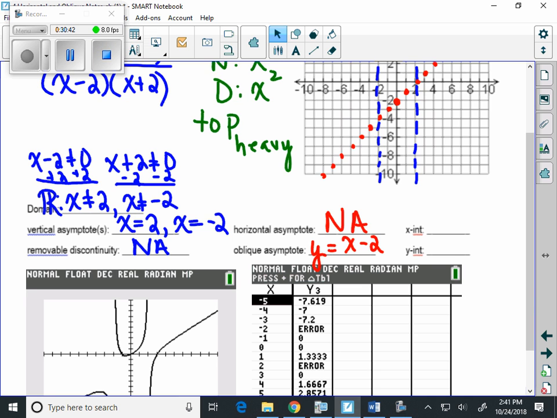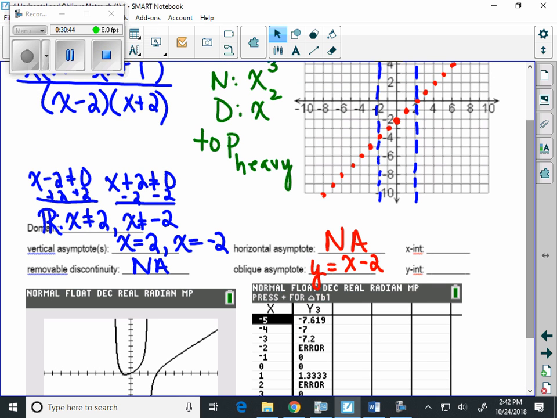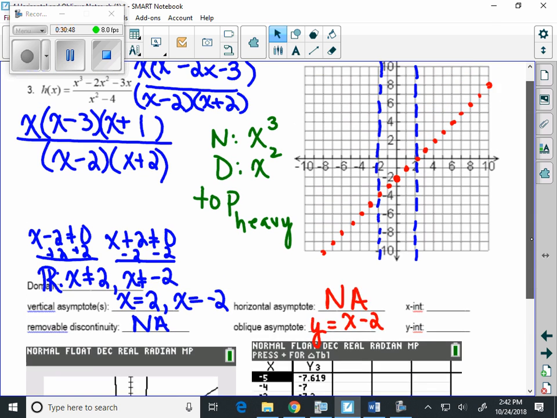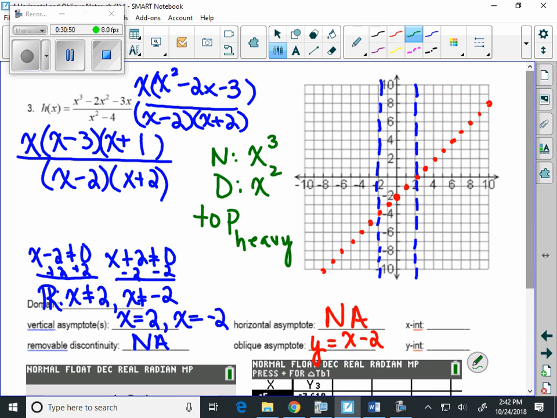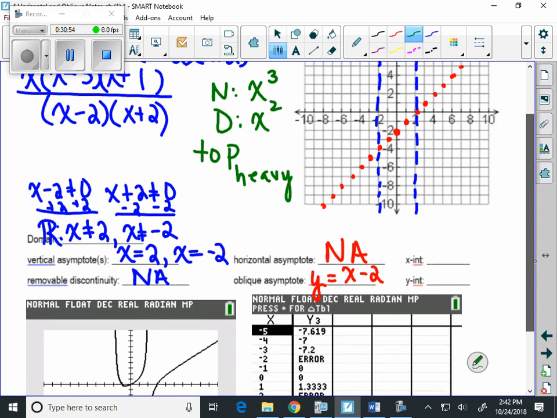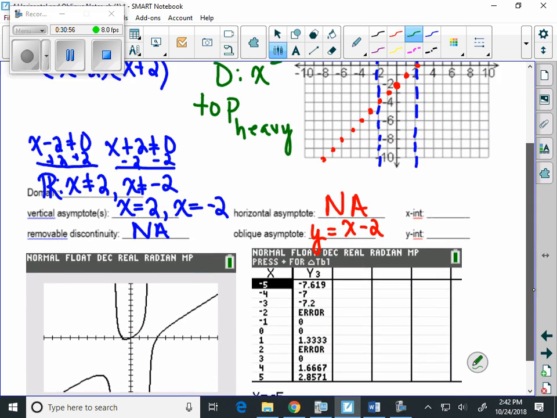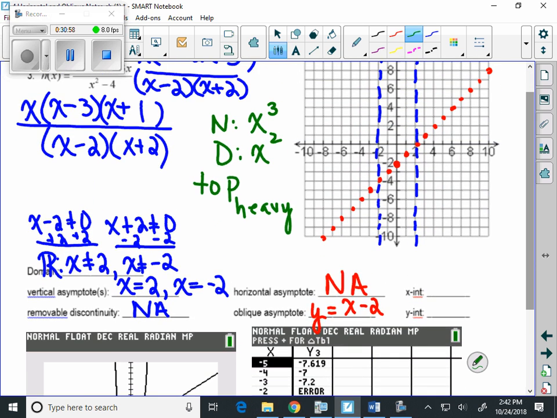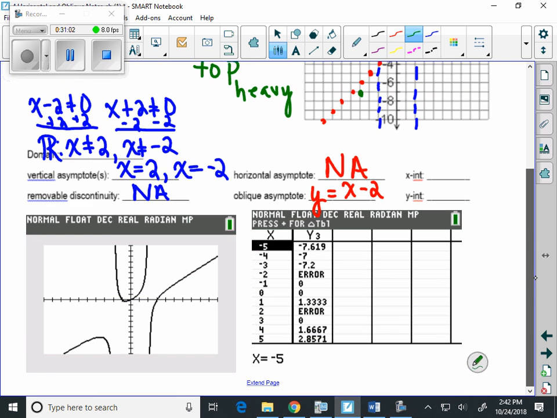But if I start here, let's graph negative 4, negative 7, and negative 3, negative 7.2.